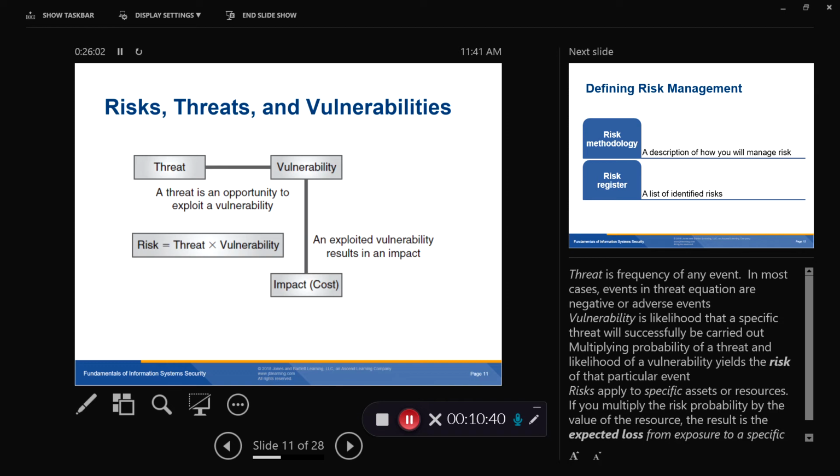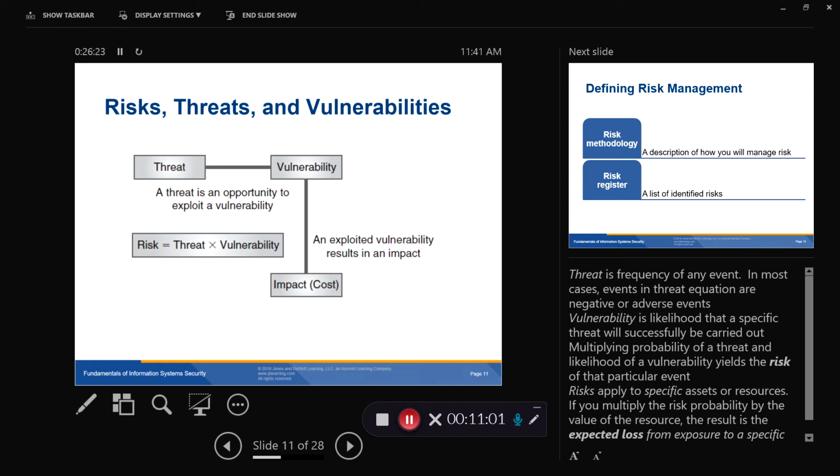Now, one problem with this is it's sometimes hard to figure out what the probability of a threat is. And it's also hard to figure out what the likelihood of a vulnerability is and reduce these to mathematical numbers. Obviously, probability would be reduced to a percentage, like 35% would be 0.35.